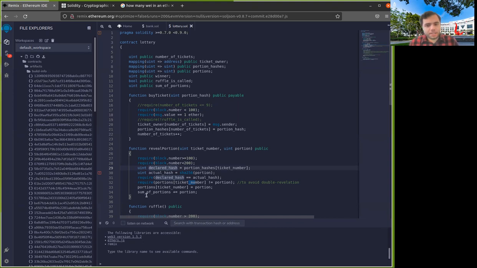But the option that he has now is to say, okay, I don't reveal one of my portions, and by not revealing that one portion, the current lottery gets canceled, and in the next lottery, now I have a 49% chance of winning, assuming that he doesn't buy 50 tickets again. So you see, at the very least, he's not losing his 50 units in the current lottery, and he's also getting a chance in the next lottery.